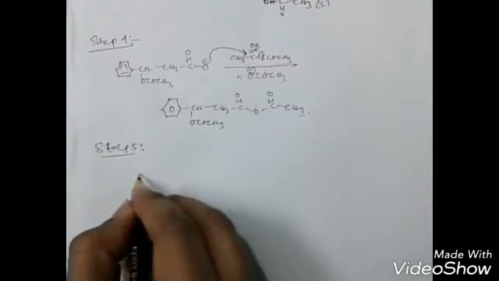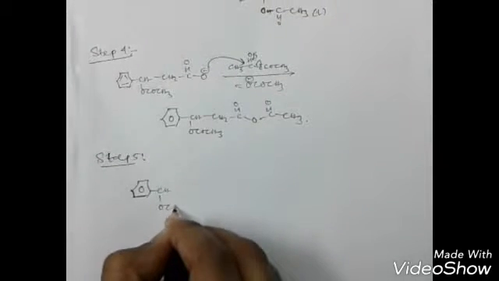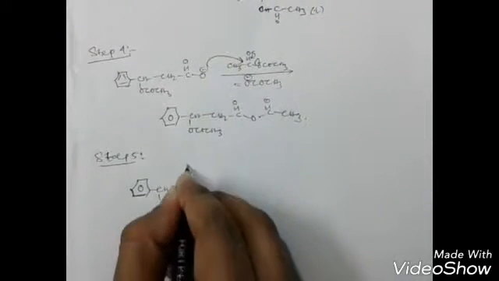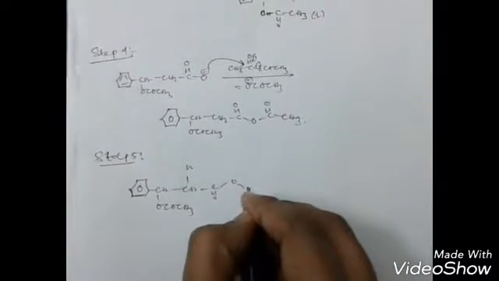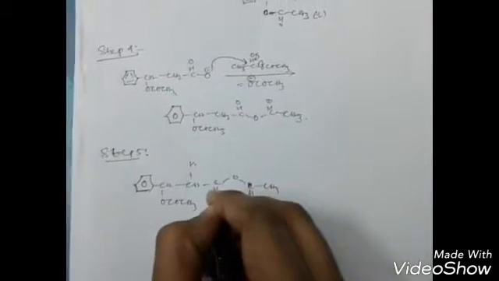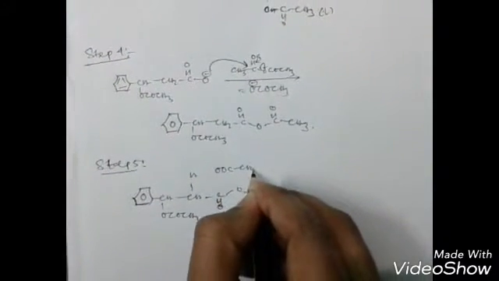Okay, this acetate group attacks here. Okay, it attacks this carbon atom. See, this is the base. It goes back here. It is a good leaving group. It leaves. Okay, then the double bond forms.